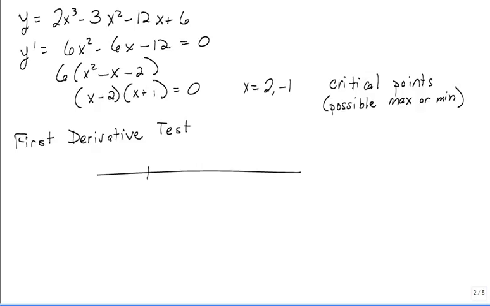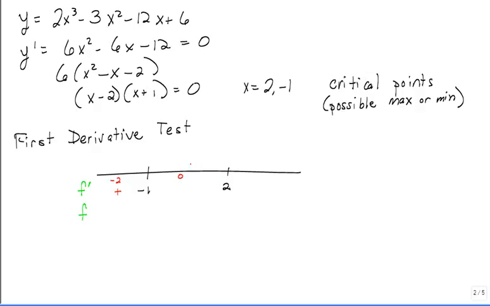So here we go. We do a number line. We plug values into f prime, and that tells us what f is going to do. So if we take, say, a negative 2 and plug it into f prime, we get a positive number. I don't care what that number is. All we want is a sign. Pick 0.